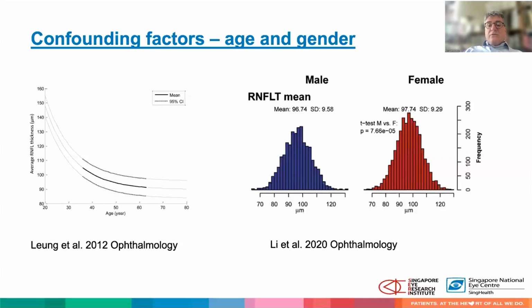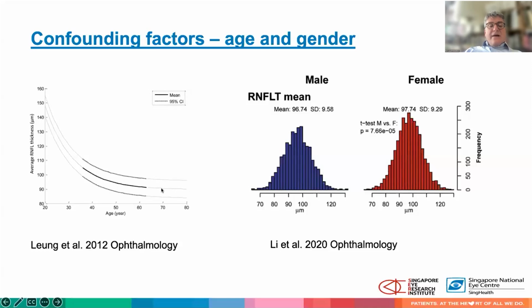Now, there is a couple of confounding factors. The first confounding factor is the age. Generally, we lose retinal nerve fibers also in healthy aging, and this is particularly true when we are relatively young. You can see here the curve is very steep until the age, let's say, of 50, and then slows down when you move towards your 80s or 90s.